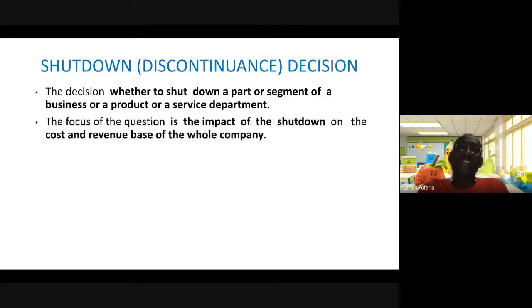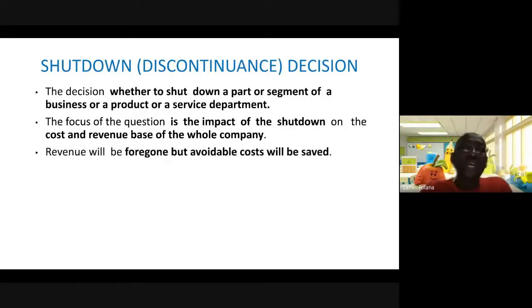The focus of the question is the impact of the shutdown on the cost and revenue of the whole company. So the impact on AfroCell if the Basse branch is shut down, the impact on AfroCell if the Colare service is shut down, like that.